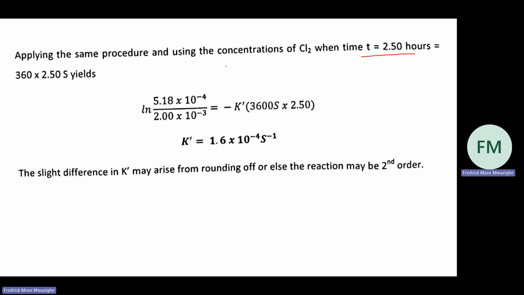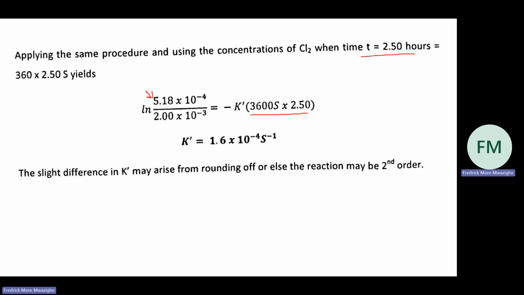There we use the corresponding concentration at T equals 2.5 hours, which is given as 5.18 times 10 to the power minus 4, divided by 2.0 times 10 to the power minus 3, the initial concentration, equals minus K prime times the time, which in seconds is 3600 seconds per hour times 2.5 hours.